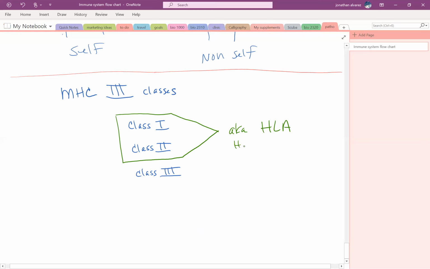Human leukocyte antigen. Okay, human leukocyte antigen. And class 3s are different various immune proteins, or we can say other immune proteins.